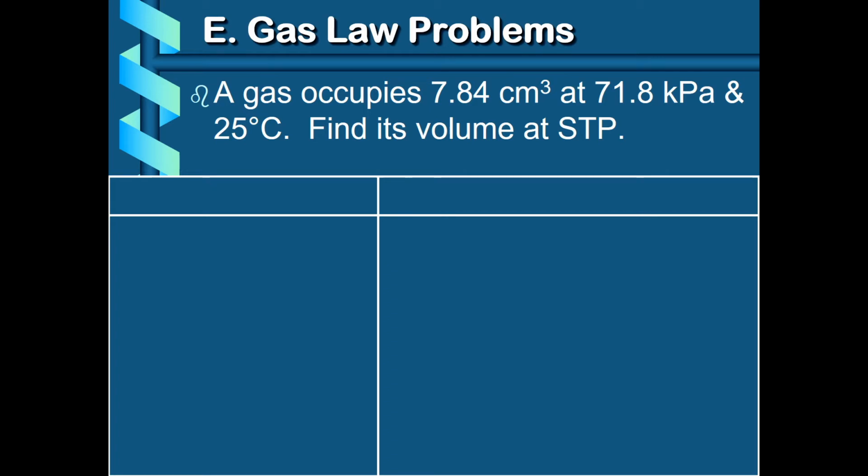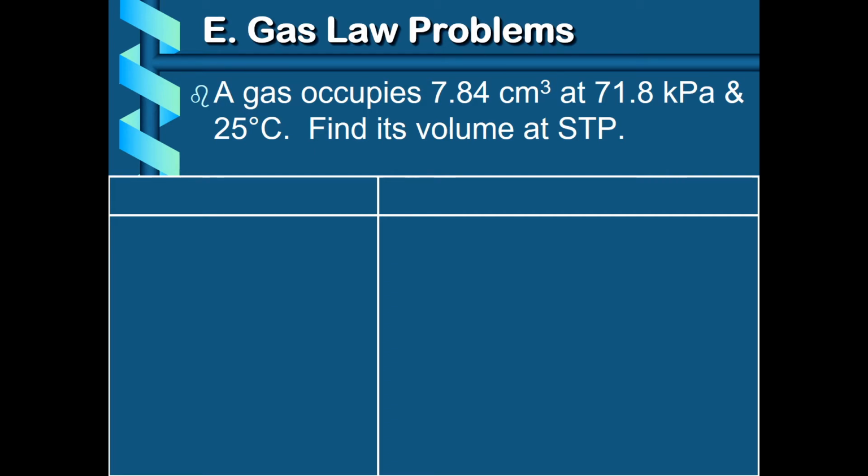P1 is equal to 71.8 kilopascals. And T1 is equal to 25 degrees Celsius, but we need to convert that. So we add 273.15, so that's equal to 298.15 Kelvin.